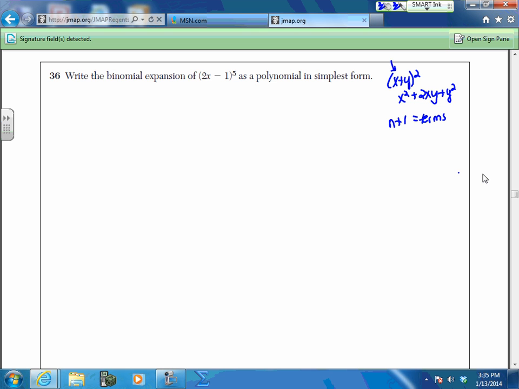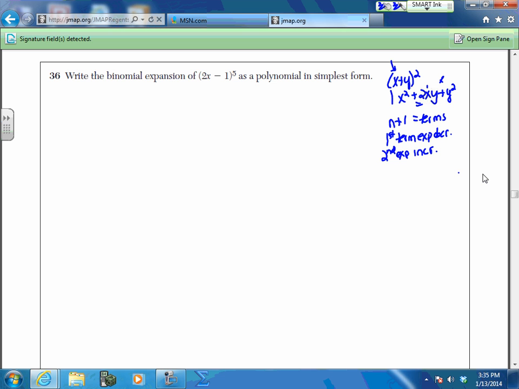Your first term starts with the highest exponent and decreases, and it goes to x to the 0. And your second term exponent increases.